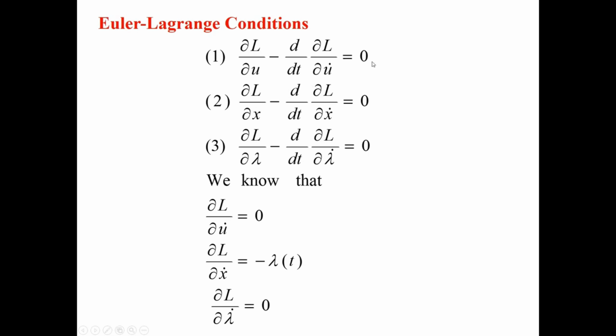And it's set to 0. The same thing is done with the state variable, and the same thing is done with the co-state variable. These are your Euler-Lagrange conditions.